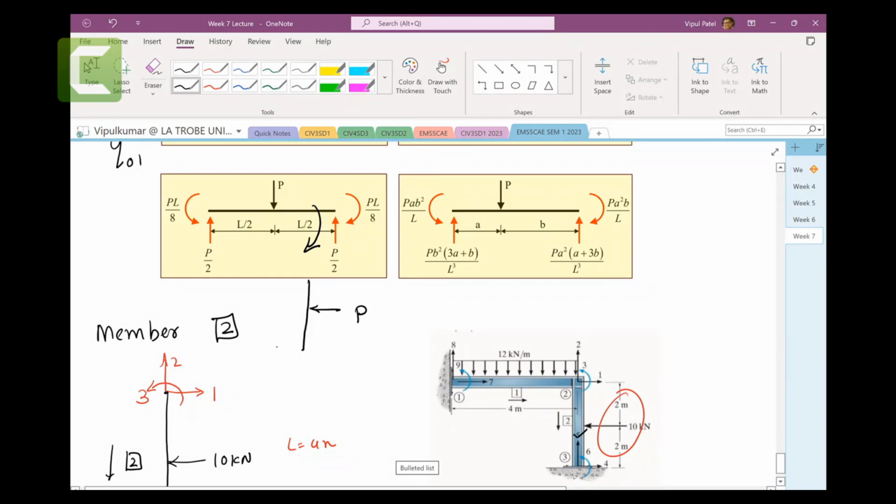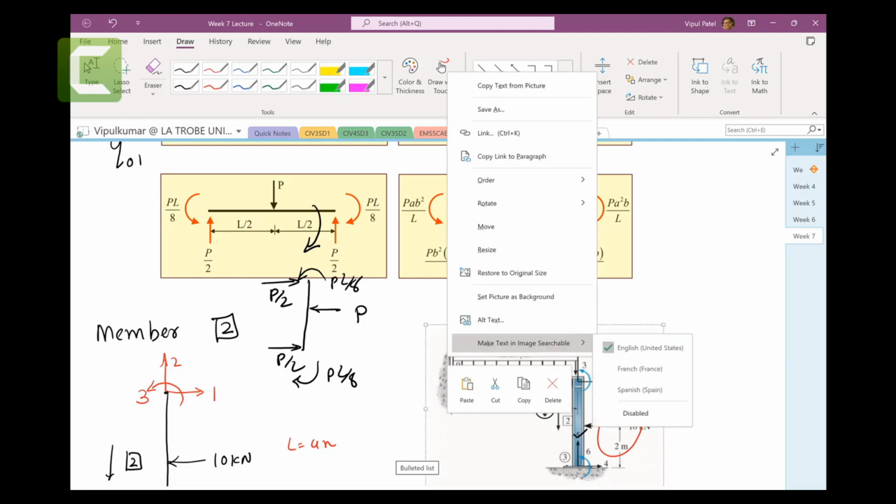If I rotate these ones, it will go P by 2 here, P by 2 here. You see what I'm doing, right? And L by 2, L by 2. And this guy is still going to push this PL on 8, and this guy still would be the opposite of this one's PL on 8, right? So I hope it makes sense.